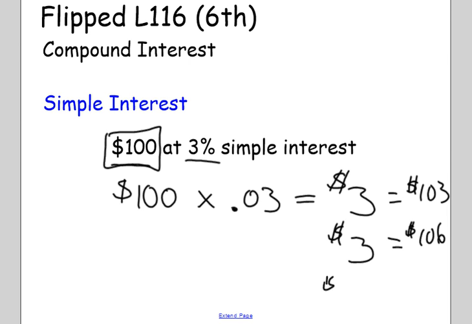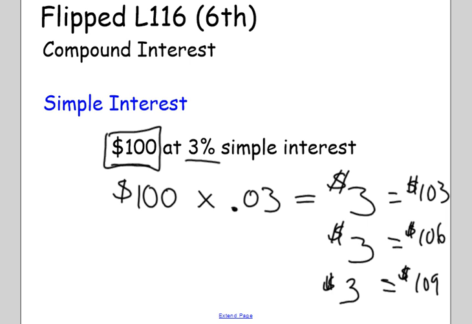And the next year another $3, for a total of $109. So after 3 years of your money sitting in a bank, you will have gained $9 more for putting it into that savings account. That's what simple interest is all about.